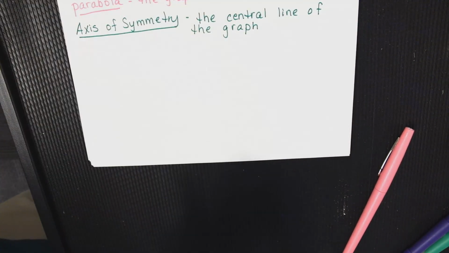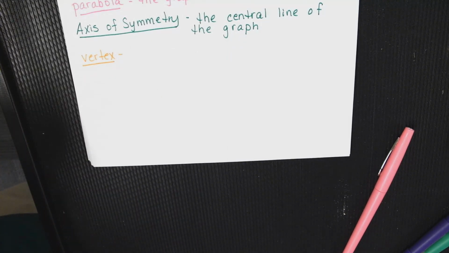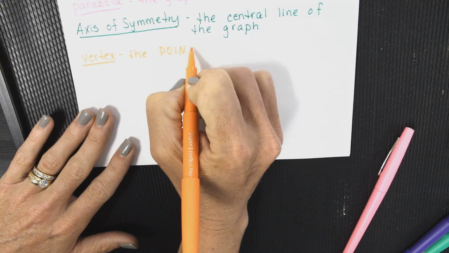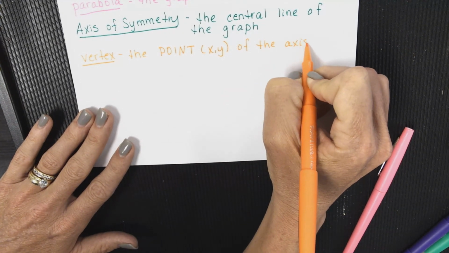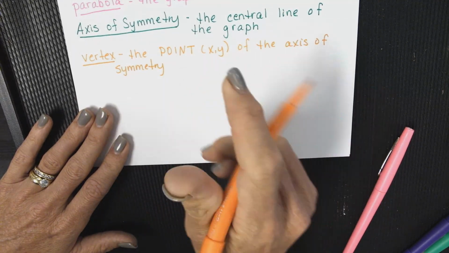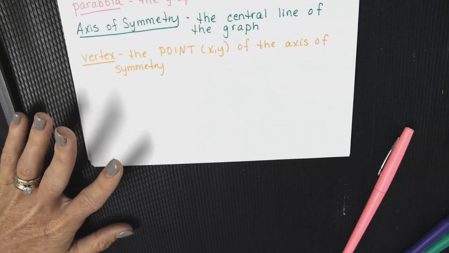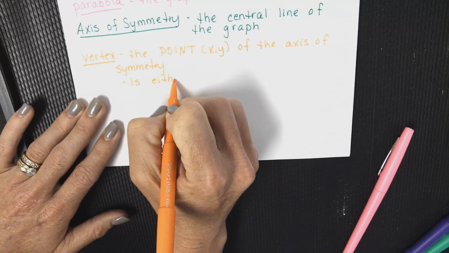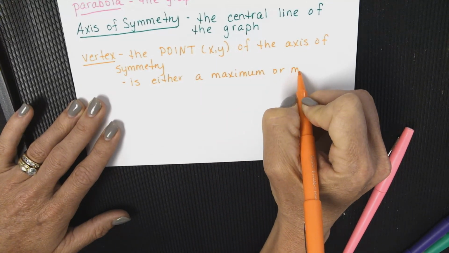Let me write down vertex. V-E-R-T-E-X. The point x, y of the axis of symmetry is either a max or minimum.